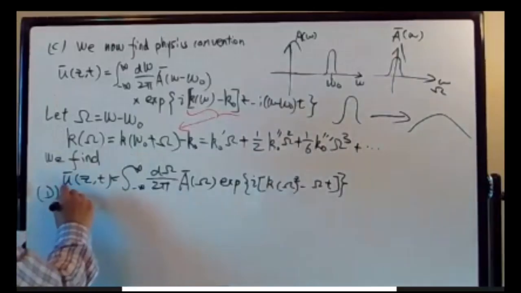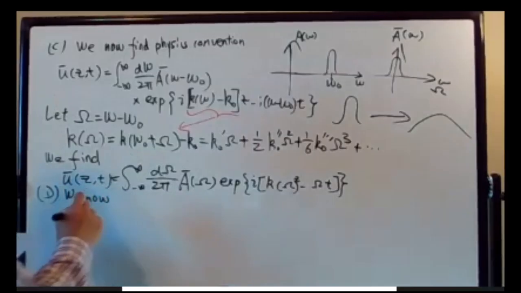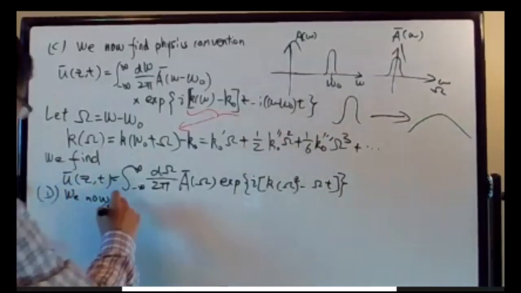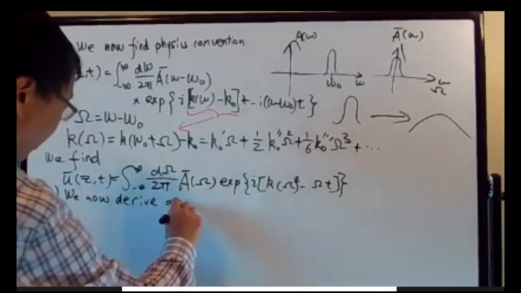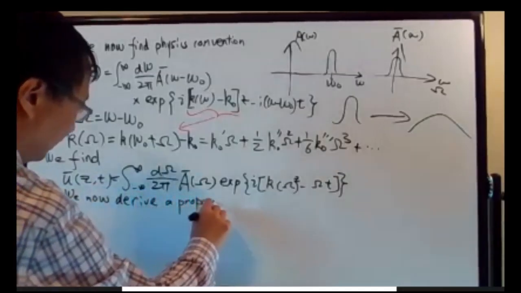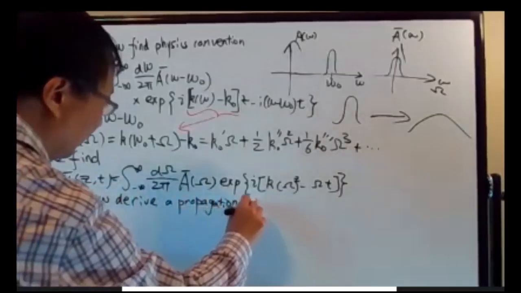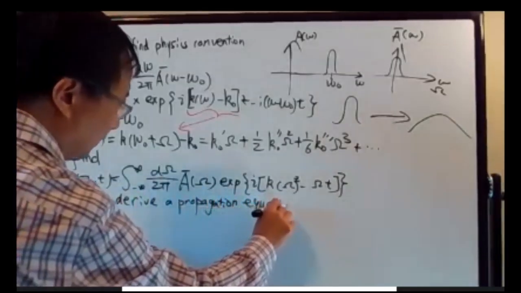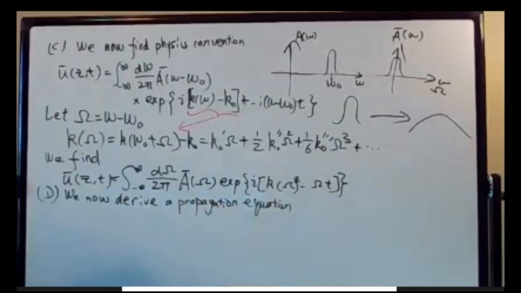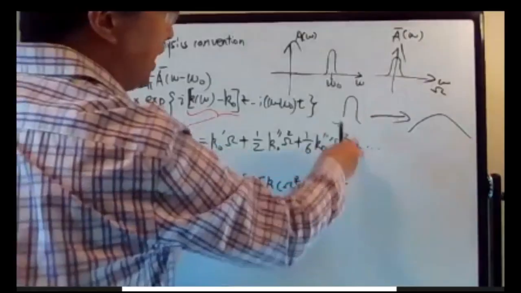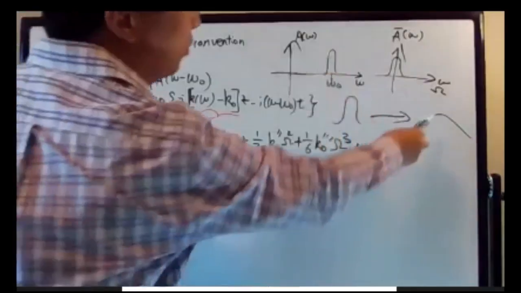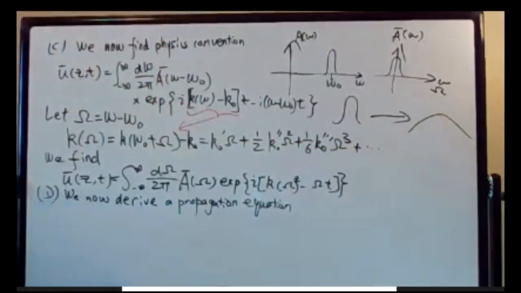We now derive a propagation equation. We want to derive this pulse with the k, so let's take a derivative.